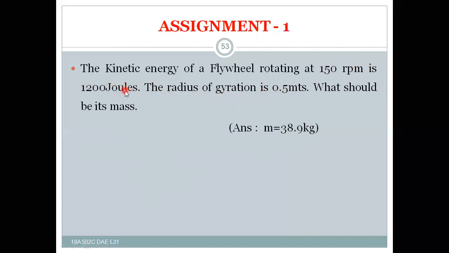So with this you can calculate I by using kinetic energy KE is equal to half I omega square. So with this you can calculate the I value from the kinetic energy formula, and then from I is equal to m k square, k is also there for us, only m is unknown. Then you can calculate the mass of the flywheel. So that is the simple problem.